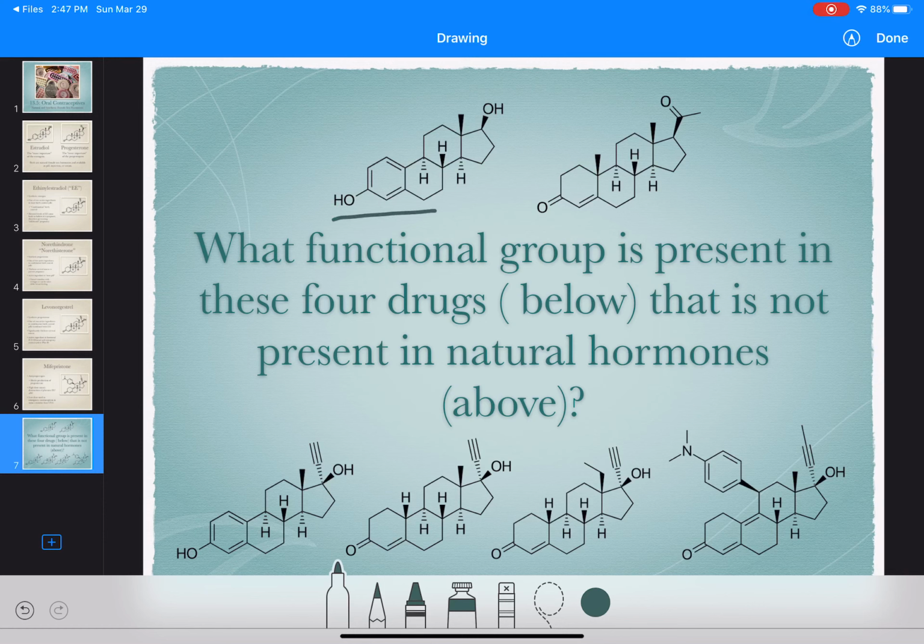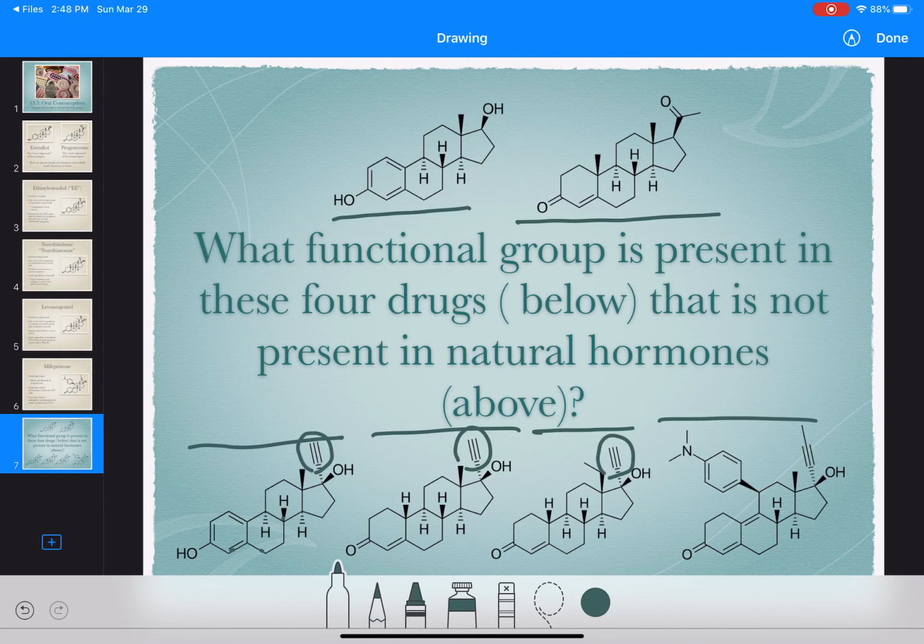Up here at the top are our natural female sex hormones, and down here at the bottom are the 4 synthetic female sex hormones that I showed you. All 6 of these drugs have that same ring structure to them. But if you look, you will see every synthetic female sex hormone has an alkyne in the same place, every one of them, and it is not present at all in the natural female sex hormones. And that's kind of the takeaway from all of this.